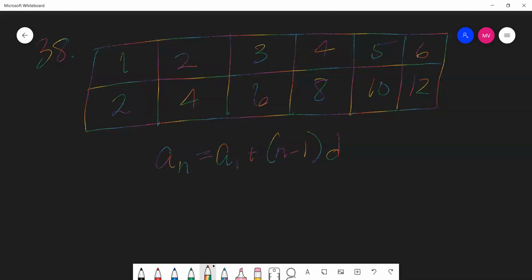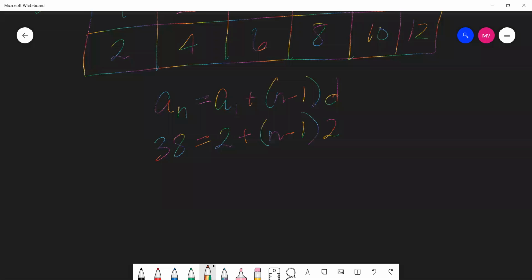So we know that the term at position N is 38. We know our first position, which is 2, right? What we don't know is N. But what's our difference? 2.